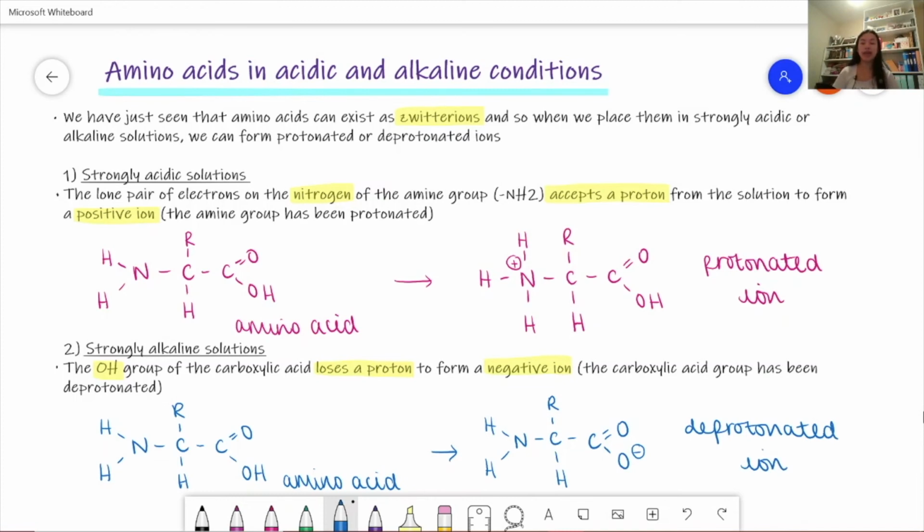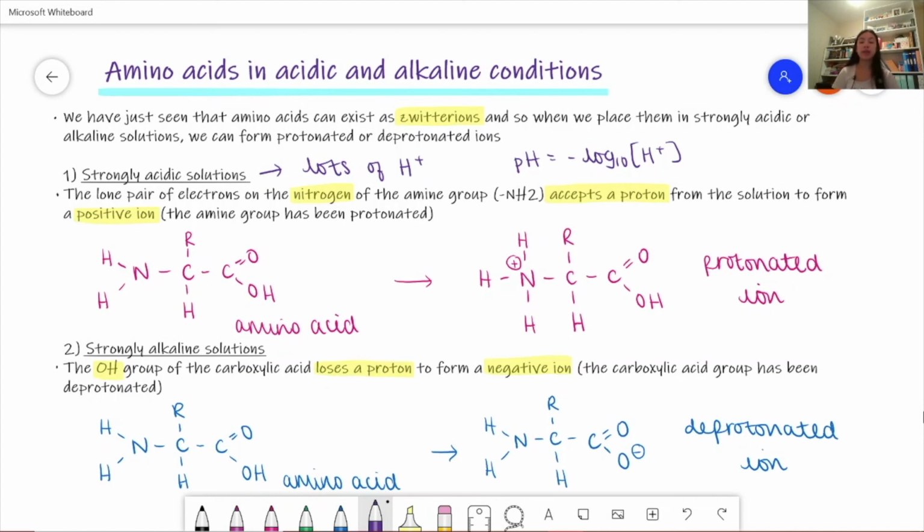And why this makes sense is that for strongly acidic solutions, if we have a really acidic solution, that means we have lots of H plus ions in the solution, because we know that pH is equal to minus log to the base 10 of the concentration of H plus ions. And so strongly acidic solutions have a very low pH, and that means they have a very large concentration of these H plus ions.